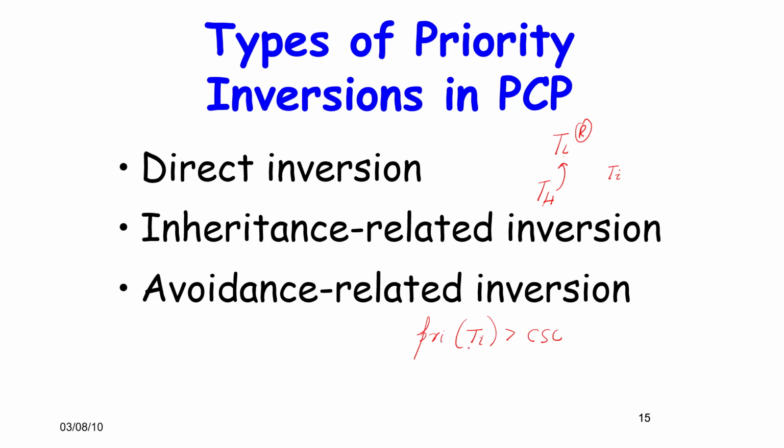If that is not the case, as we saw for task T4, then this task will wait. It will not get access to the resource. There will be a delay or a deferral. And this is something new, a new kind of inversion that we have not seen before. So this is known as an avoidance related inversion, which happens because of the resource grant rule.